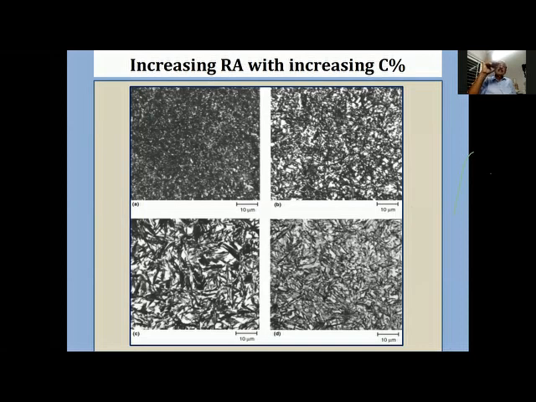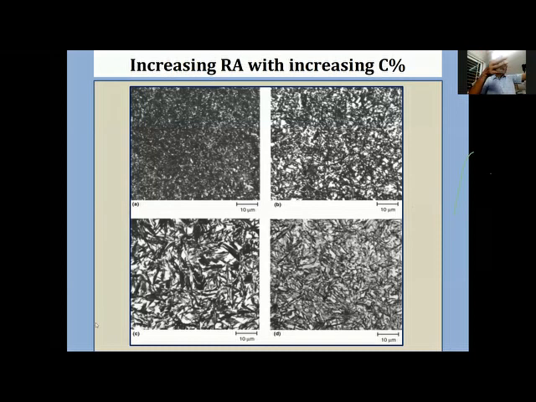It depresses the martensitic start and martensitic finish temperatures, and at a point it will go below room temperature. Once that happens, the transformation will be incomplete, and even after full quenching is over and we take the components out of the bath, there will be some amount of untransformed austenite, which we call retained austenite.